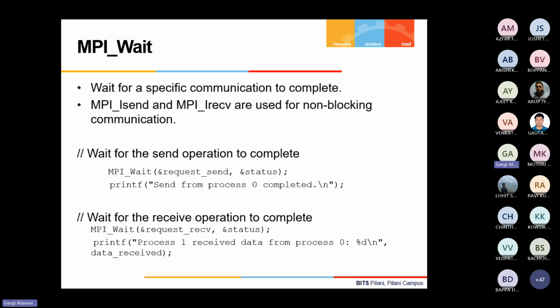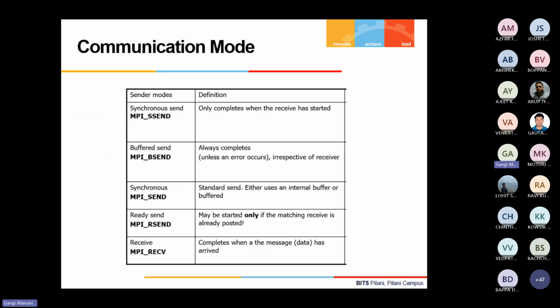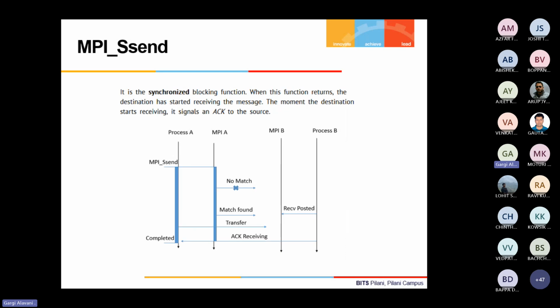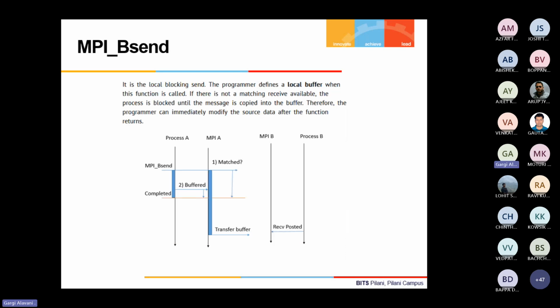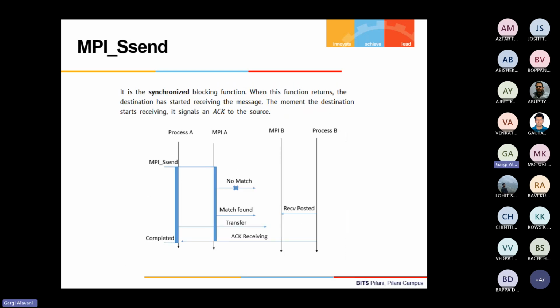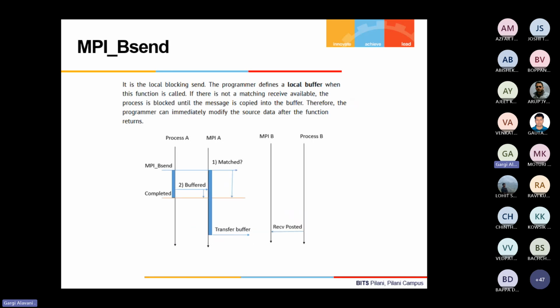Okay. So we've seen the communication modes. We have seen how wait works. These are the other functions, where send, as you know, is synchronized. So the data has to be received, and once it is received, you will acknowledge, and then process A can proceed.